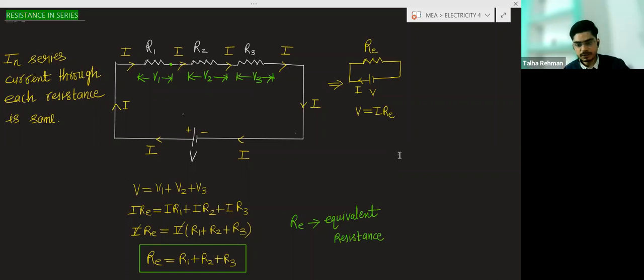Always remember, in series combination, the current through each resistance is the same. In parallel combination, the voltage across each resistance is the same. And identify what is series combination and what is parallel combination.